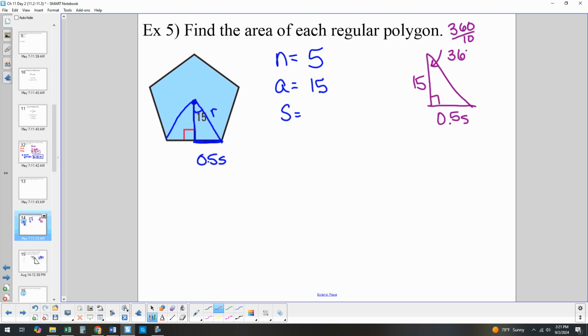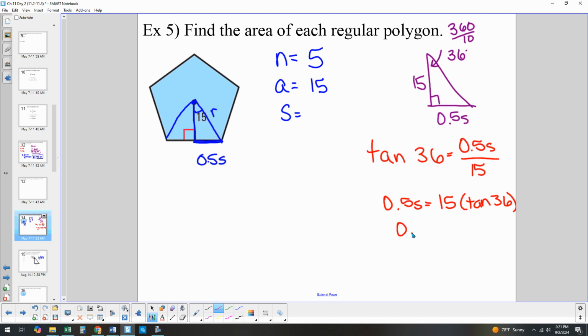So tangent 36 equals 0.5s over 15. So I know that 0.5s was on the top, so that will equal 15 times the tangent of 36. So 0.5s, if I do 15 times tangent 36, I get 10.898, so 10.9.